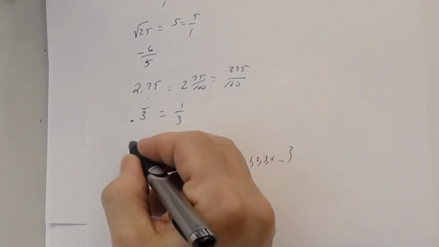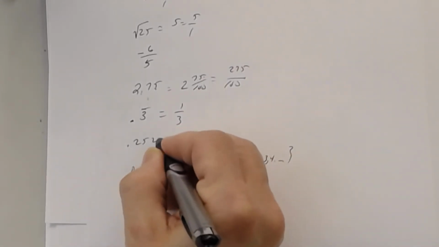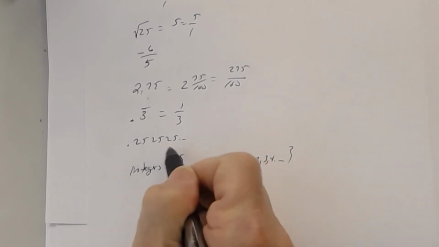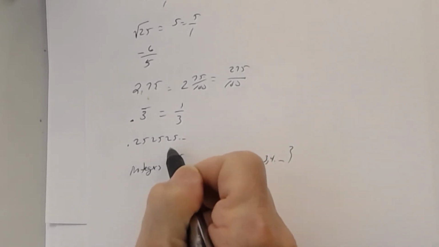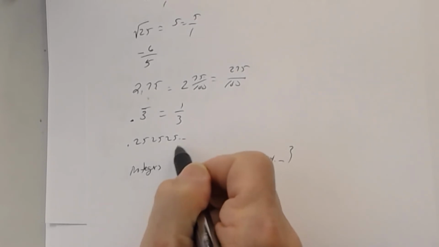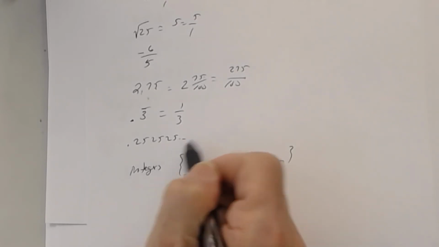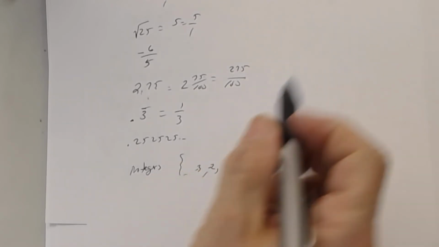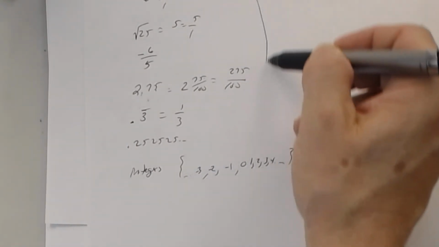Okay. So if you have 0.252525 repeating, any decimal that repeats is going to be a rational number. Now this one's hard to determine what that fraction is, but it will be a rational number.